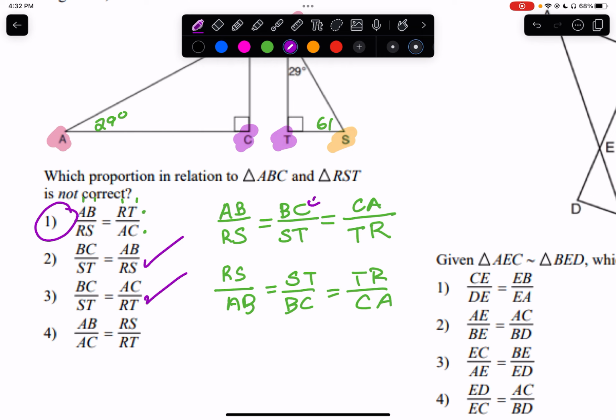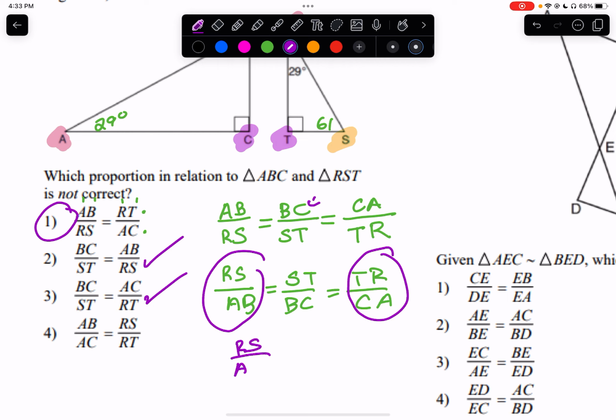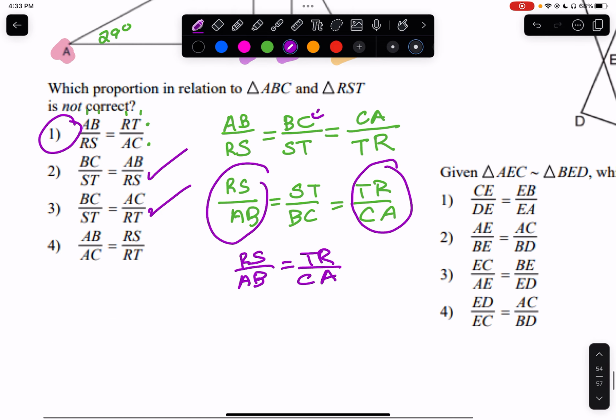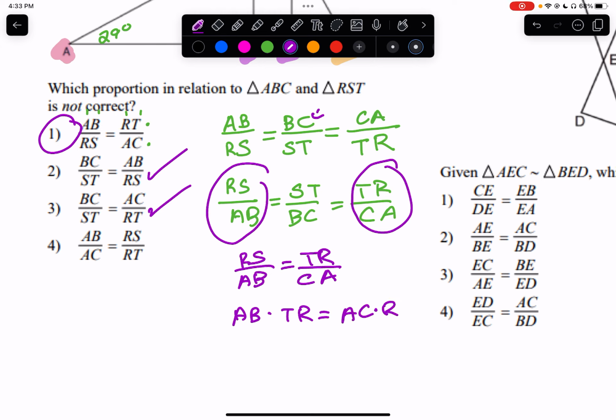And then AB over AC is equal to RS over RT. So that's not in my key, but if I want to look, here are the two ratios that have that. RS over AB is equal to TR over CA. If I cross multiply, AB times TR is equal to AC times RS.